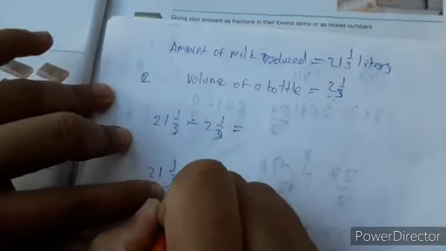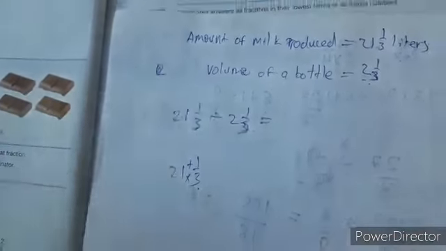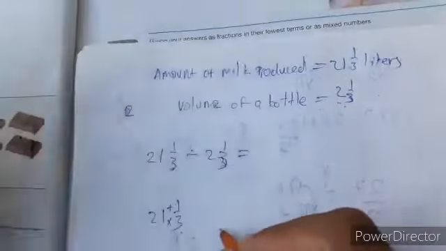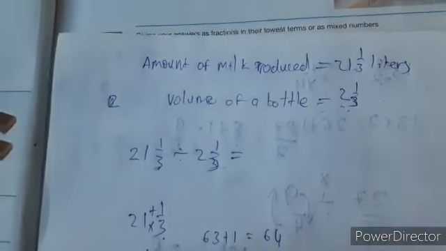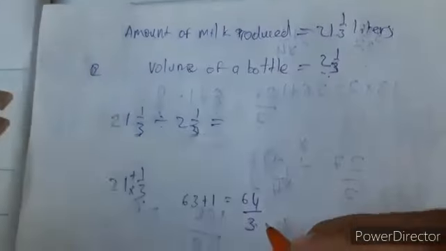First we'll multiply 3 times 21. 21 times 3 is 63. 63 plus 1 is equal to 64. Then we'll put the denominator down there, which will be 64 over 3.